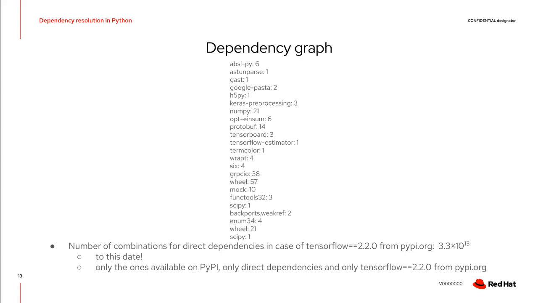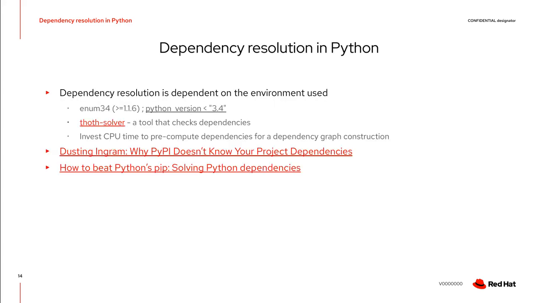So if we take a look at dependency resolution in Python, we already know this dependency resolution is dependent on the environment. The example was enum 3.4. There was an environment marker that stated when the given dependency should be installed into the stack.